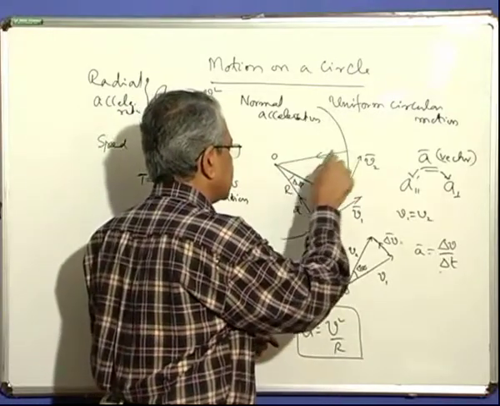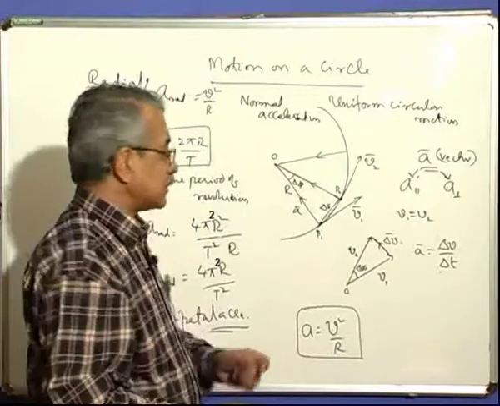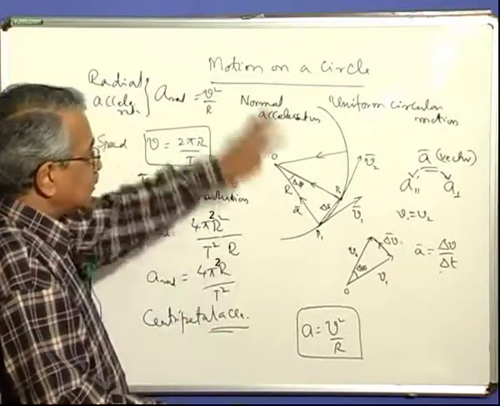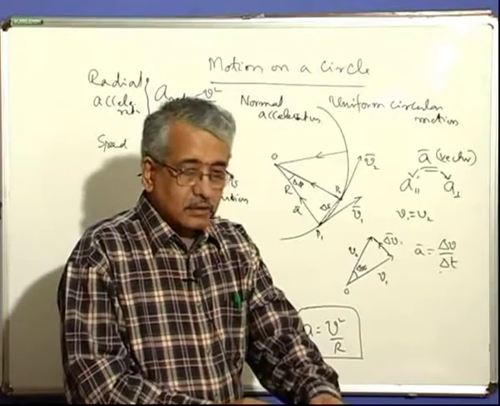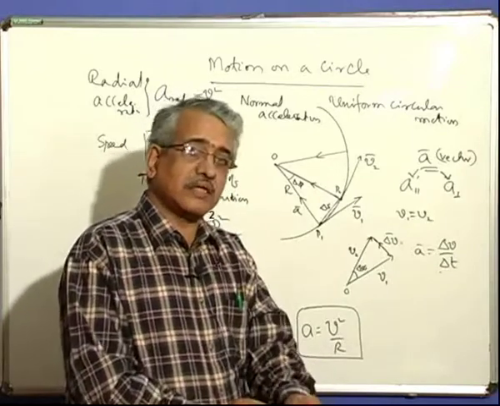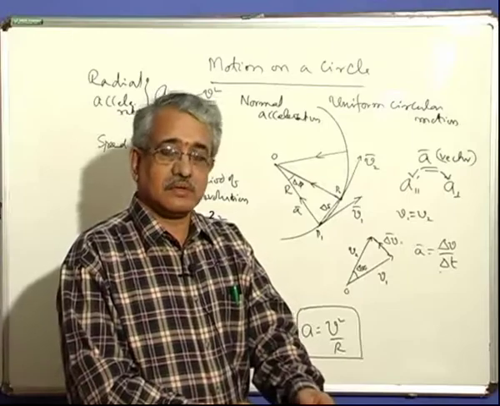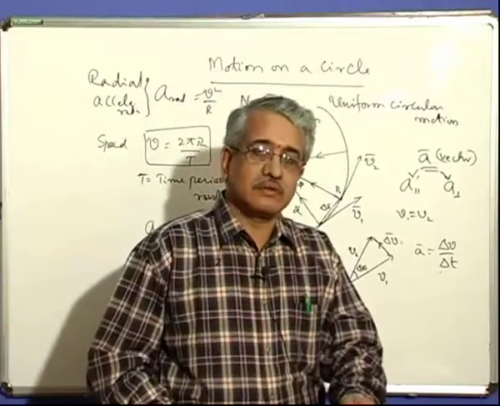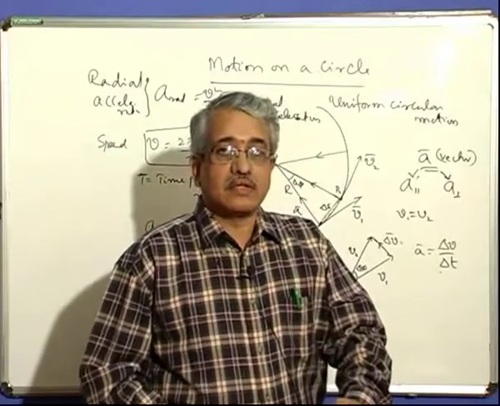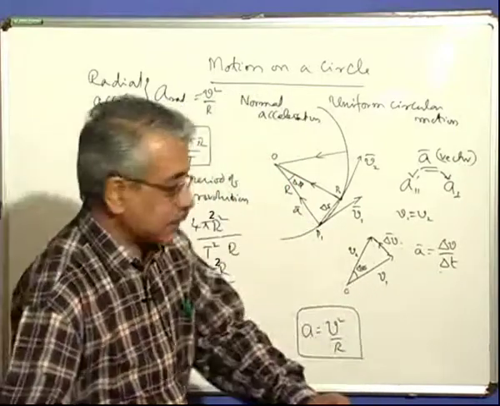That is radial acceleration, the case of uniform circular motion. So if it is not uniform circular motion, then how will it be? Suppose the speed of it is also increasing continuously. Then what is to be known? We shall see that.